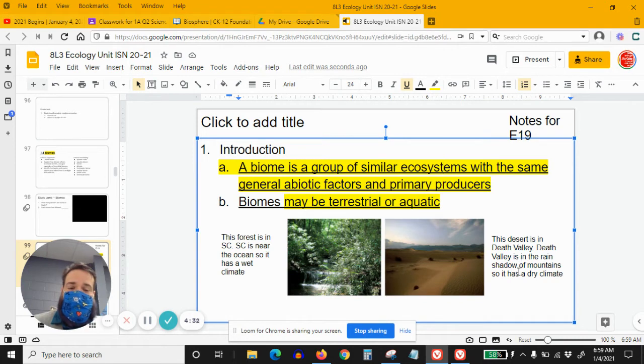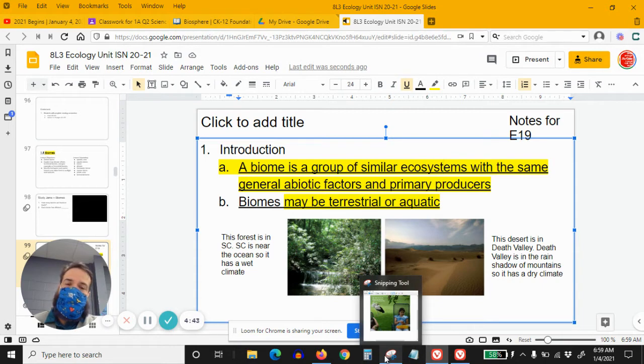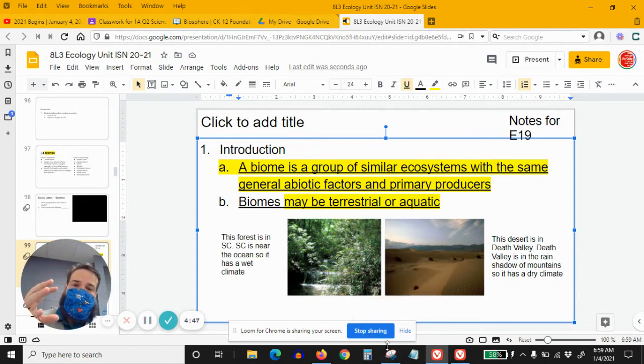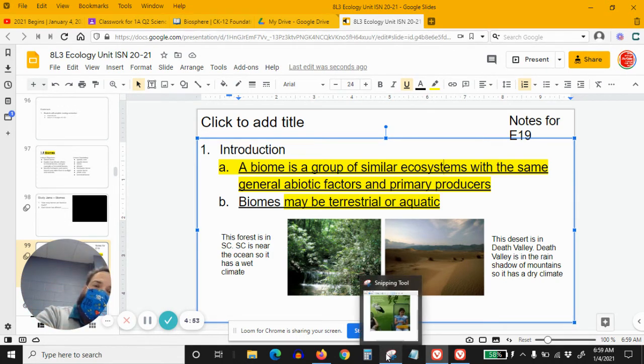Death Valley is in the rain shadow of mountains. And so what that means is as the air masses move up the mountains, the rain condenses and it precipitates on one side of the mountain. And then the air continues over the other side of the mountain.